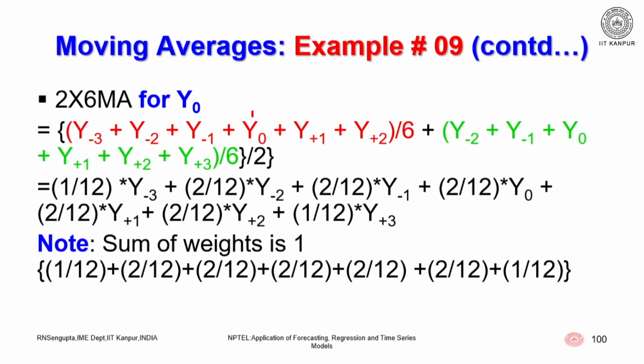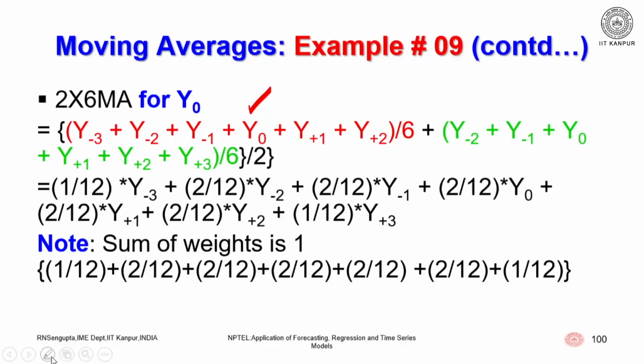If you remember, y naught is here. You have 3 values onto the left of y naught, which are y minus 3, y minus 2, y minus 1. Minus 3, minus 2, minus 1 are the suffixes, corresponding to the 3 values onto the left of y naught. And the 2 values onto the right of y naught are y suffix plus 1, y suffix plus 2. So, that is the first set of 6 months.